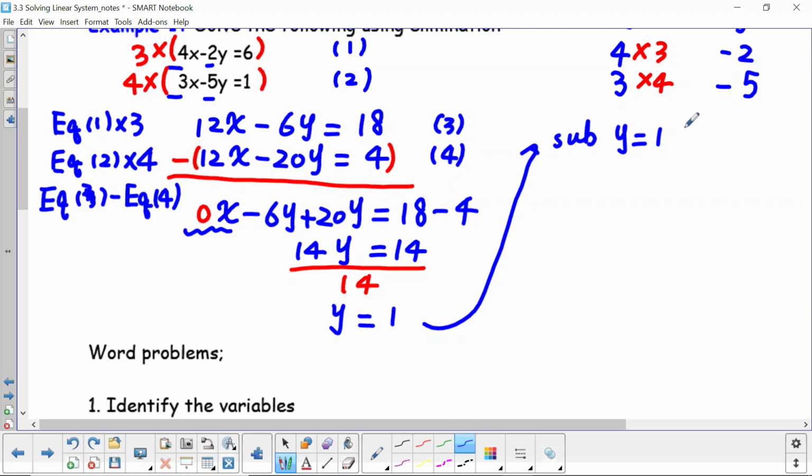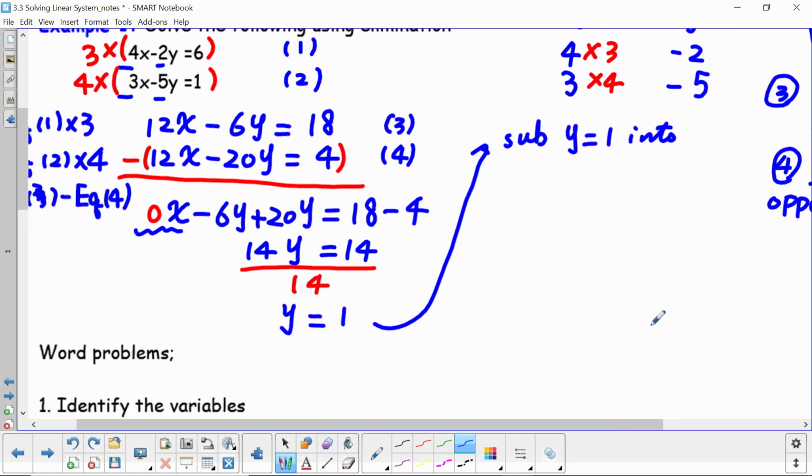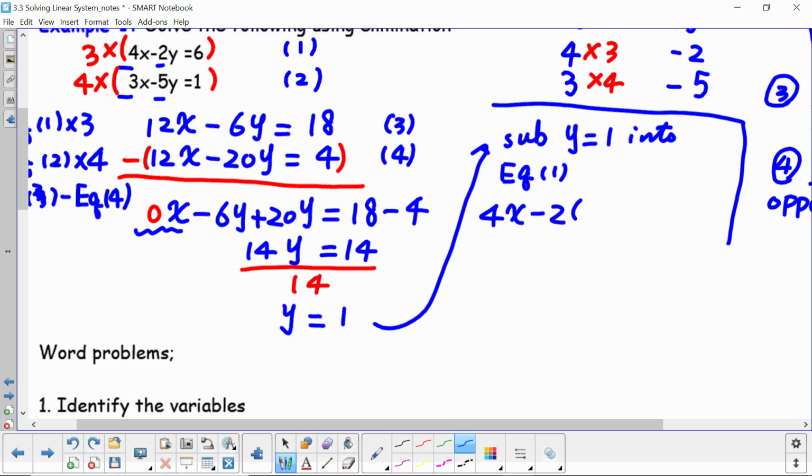So y equals 1, you just pick one equation to sub into. So we may sub into equation 1, okay? It doesn't matter which one you sub into, it will give you the same answer. Then we have 4x minus 2 bracket, replace y with 1, equals 6.